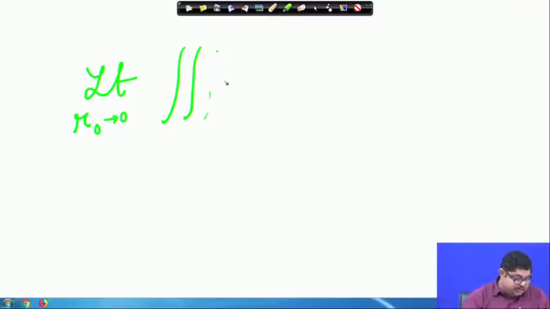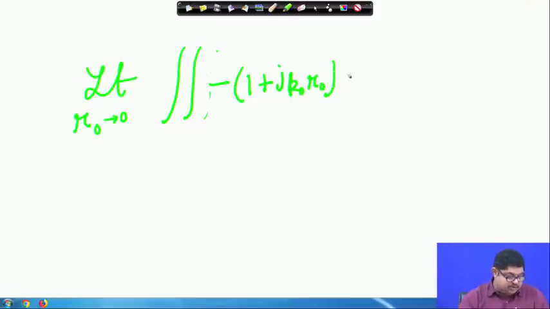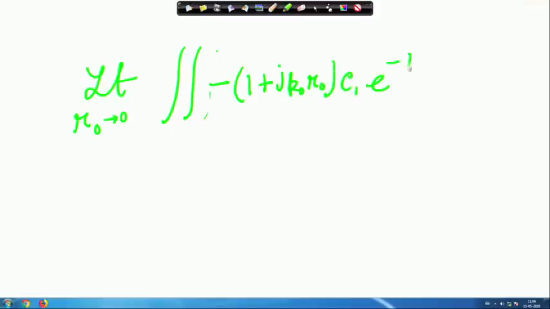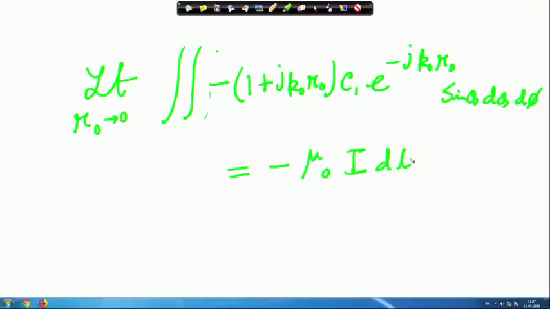So, this is minus 1 plus j k naught r naught C1 e to the power minus j k naught r naught sin theta d theta d phi is equal to minus mu naught I dl.